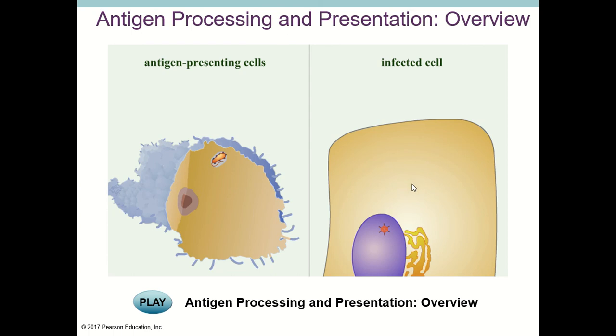That's why major histocompatibility complexes are important, because they allow infected cells to signal APCs that they are in fact infected. Again, there are specific processes that I'm going to talk about later. Let me just show the overview here.